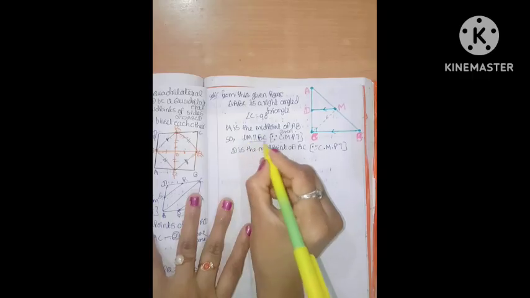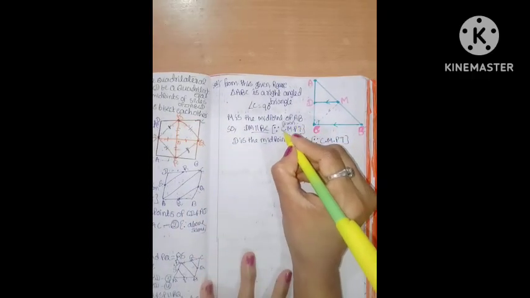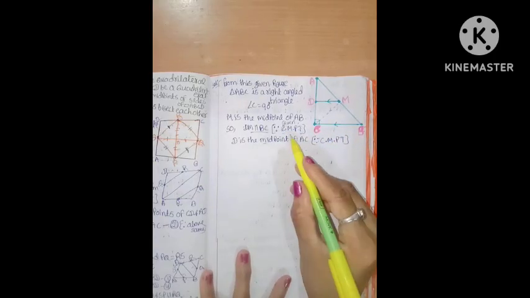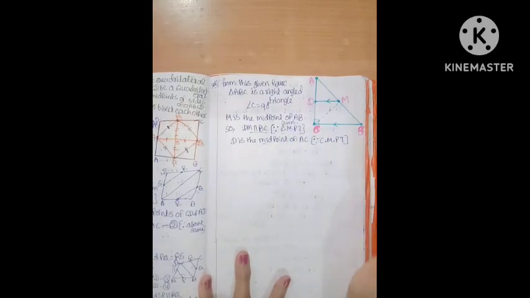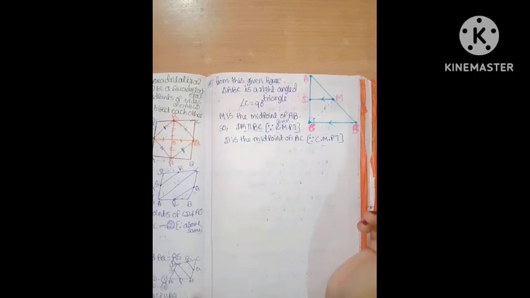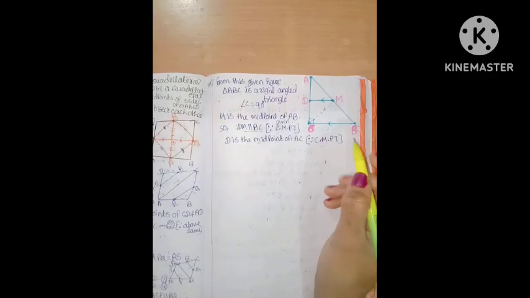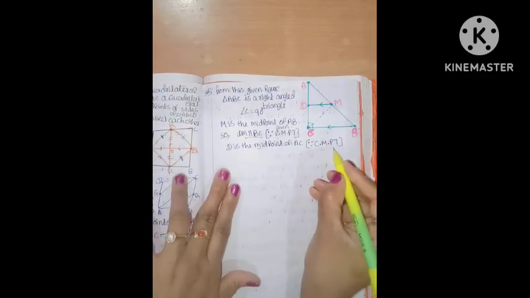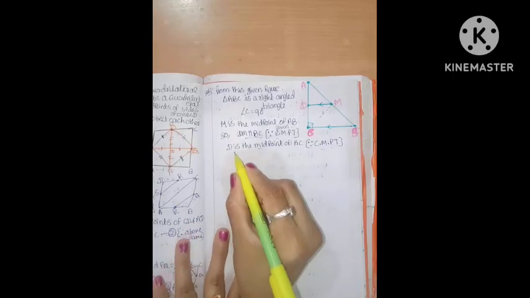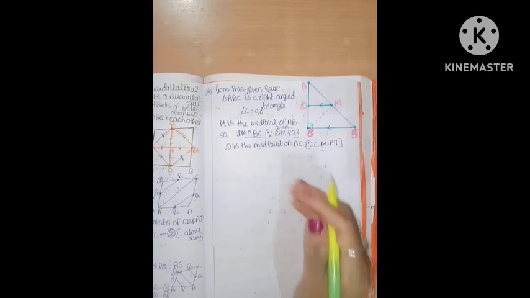DM is parallel to BC is given. Write it here. D is the midpoint of AC. Why? Because this is given, DM is parallel to BC. So by using this converse midpoint theorem, D is the midpoint of AC. So the first question is proved.